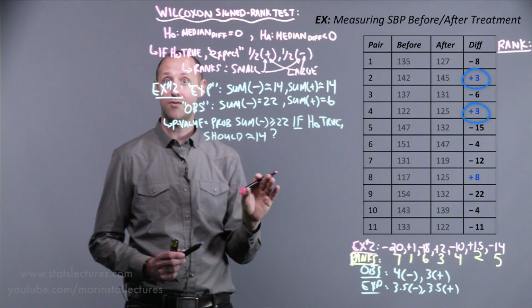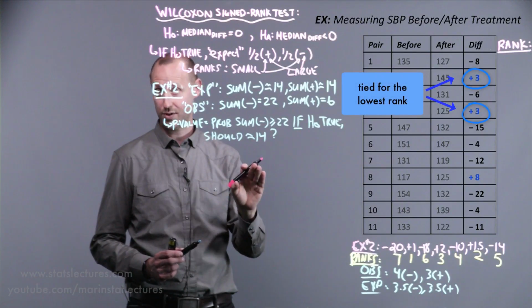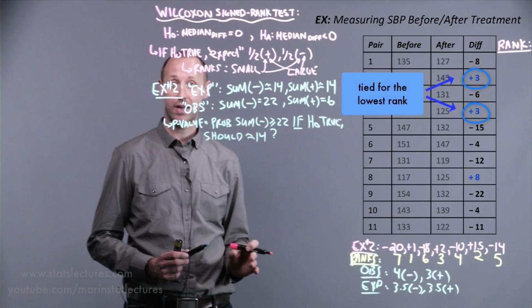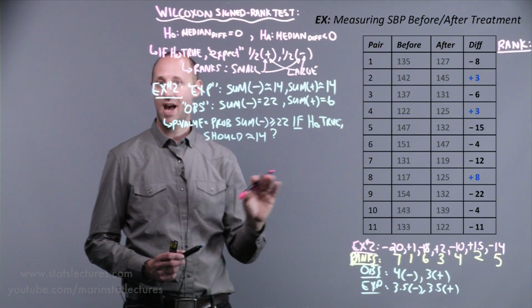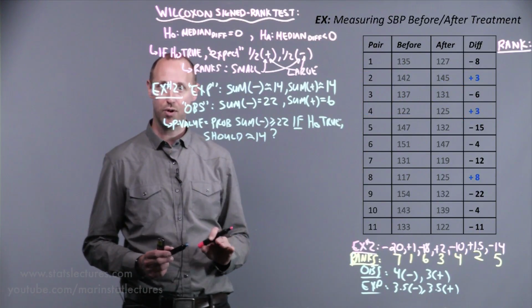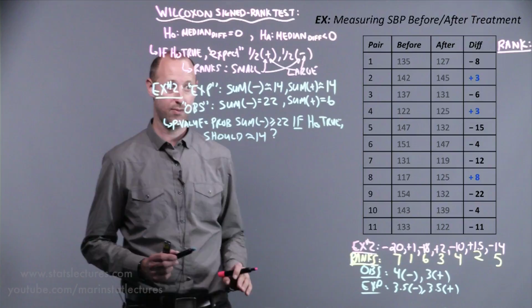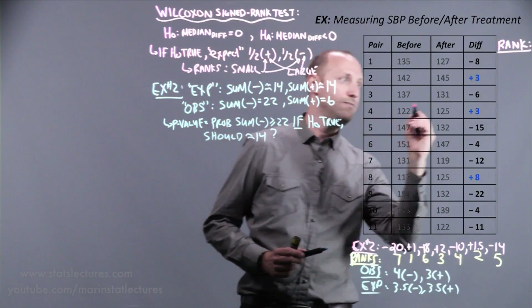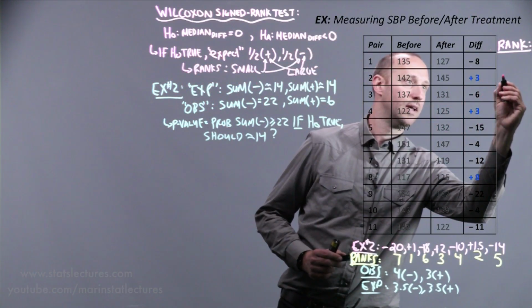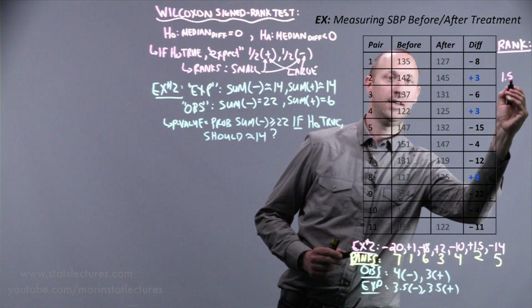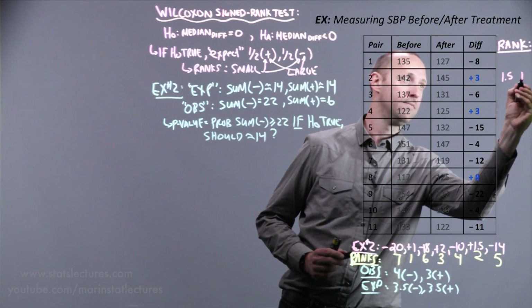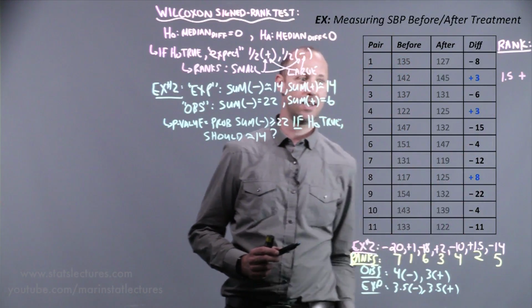And those are tied for the first rank, right, the first lowest rank, and the second lowest rank. So what we do is we assign those the average of their shared ranks. So they're both going to be given the 1.5 rank. So first we've got this one here, and it's in the 1.5 rank, and it was showing an increase. So I'll just add that there.